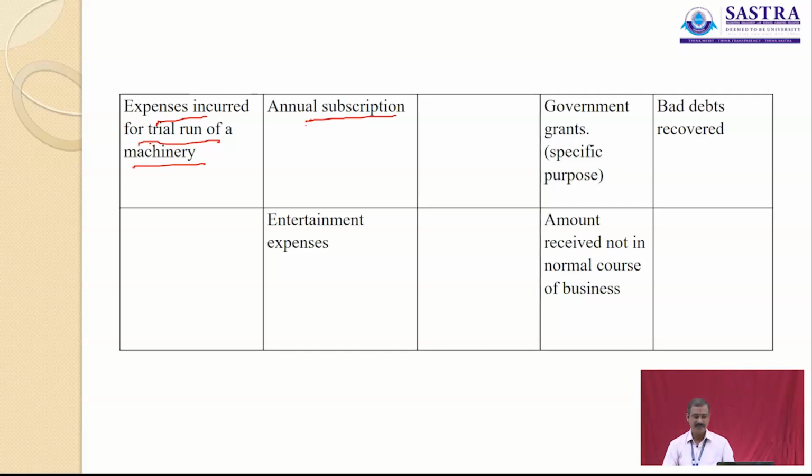Specific purpose government grants are treated as capital receipt. The bad debts which have been written off, which could not be recovered, may be recovered in a subsequent period or in the future course of time, and may be treated as a revenue receipt.